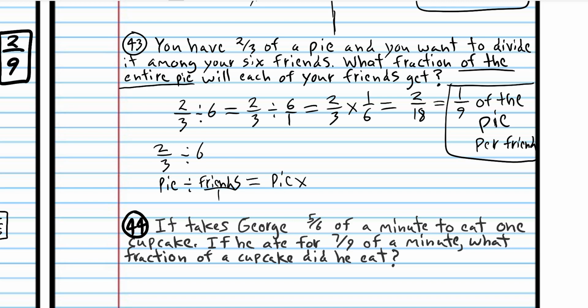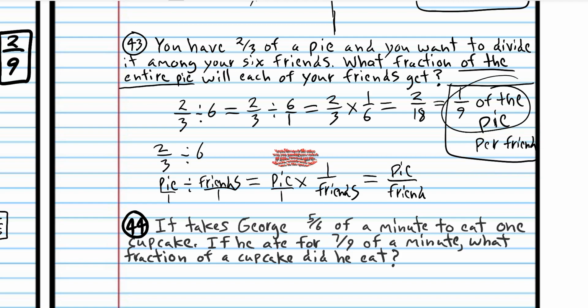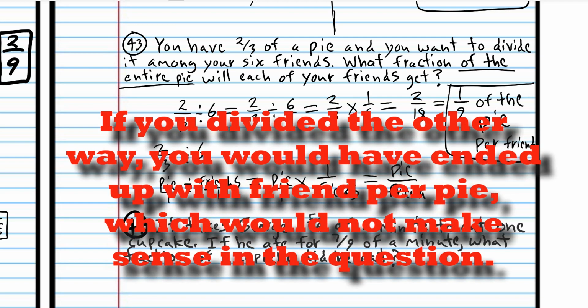Friends is just friends over 1. Pie is just over 1 also. So it becomes 1 over friends. Multiply straight across. Pie times 1 is pie. And 1 times friends is friends. And you get fraction of a pie for every 1 friend. Pie per friend. So 1/9 of a pie per friend. So that's what we were looking for. So that problem was a little bit different.